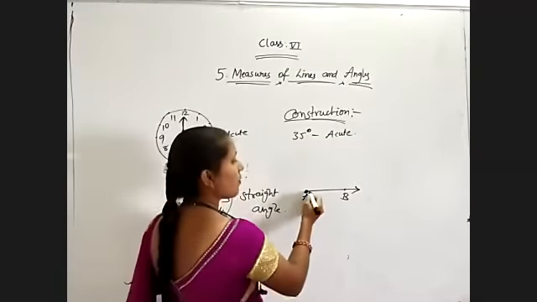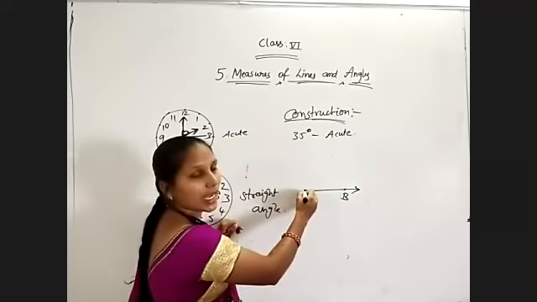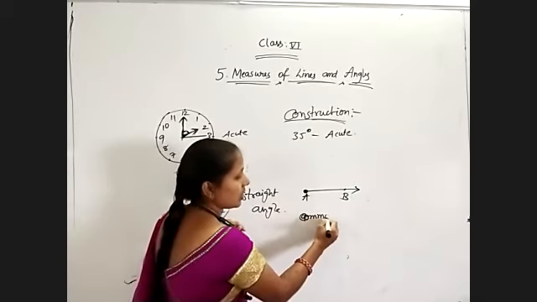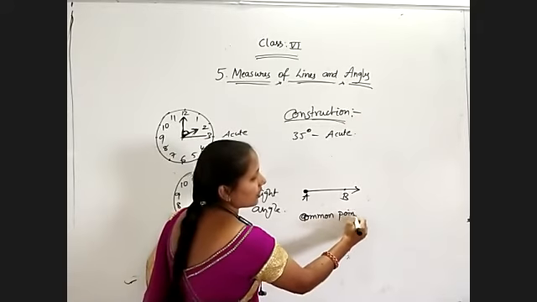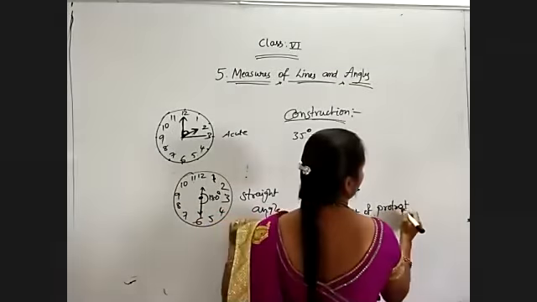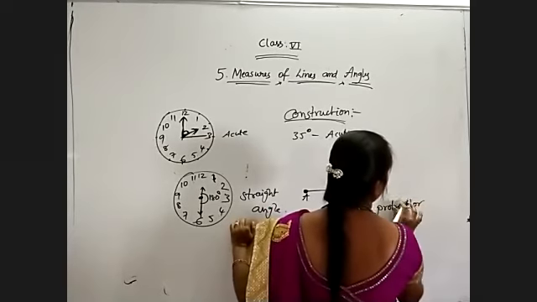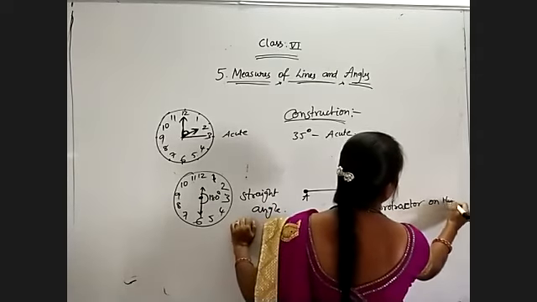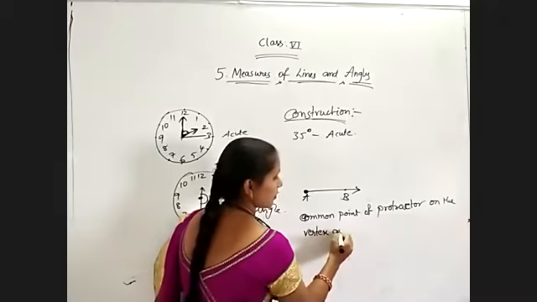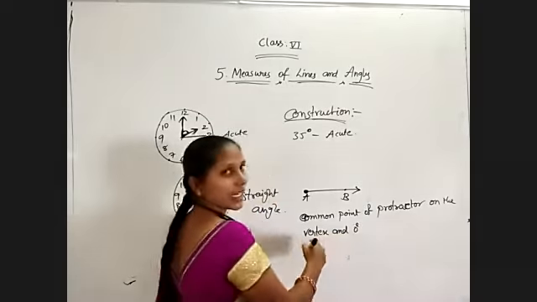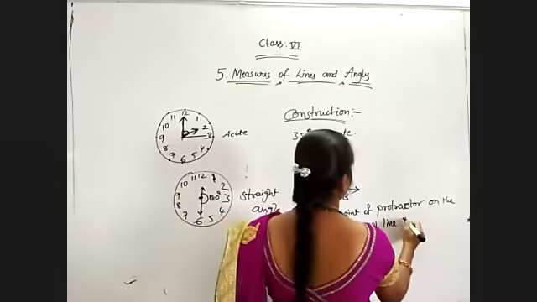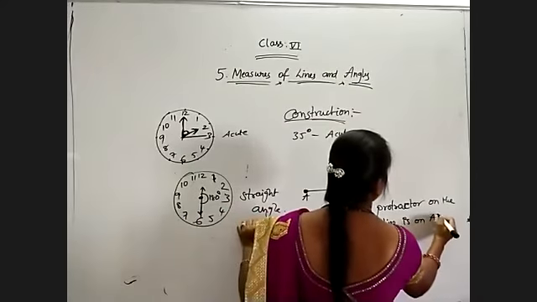For that sake, first of all, set your protractor at A. As we told, the common point of the protractor should be on the vertex, and the 0 degree or 180 degrees line, that is ray AB.